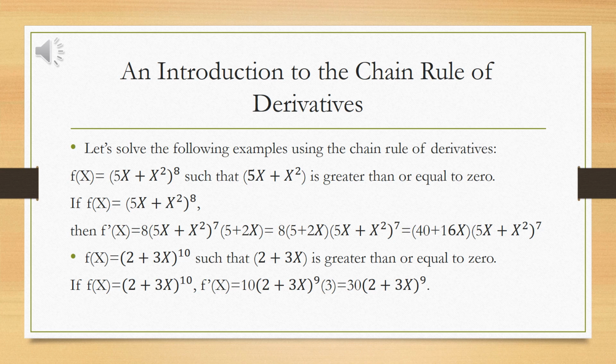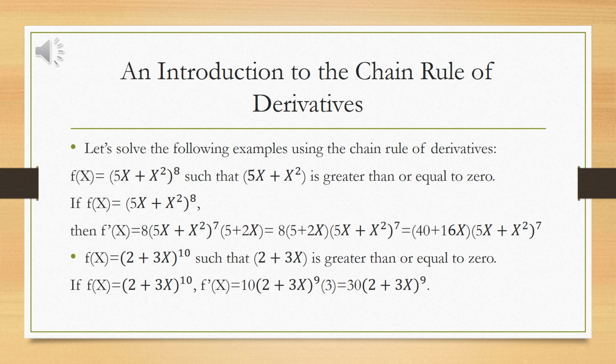F of x equals 5x plus x squared, all of it to the 8, such that 5x plus x squared is greater than or equal to 0. If f of x equals 5x plus x squared to the power 8, then f prime of x equals 8 times 5x plus x squared to the power 7 times 5 plus 2x, which is the derivative of 5x plus x squared.